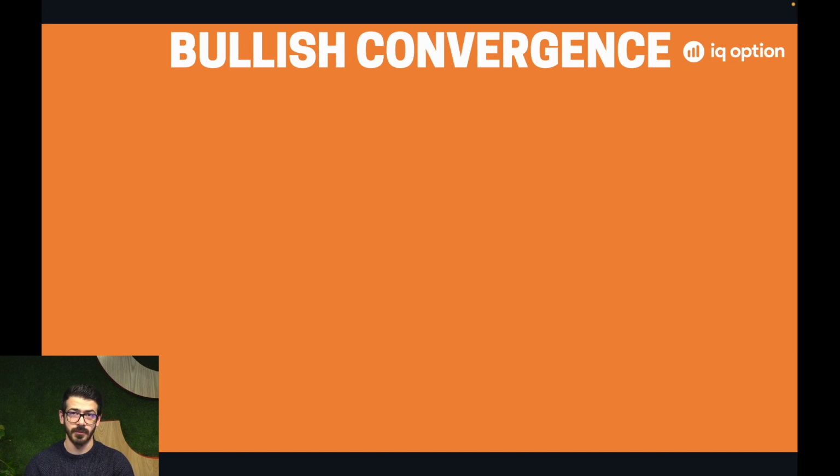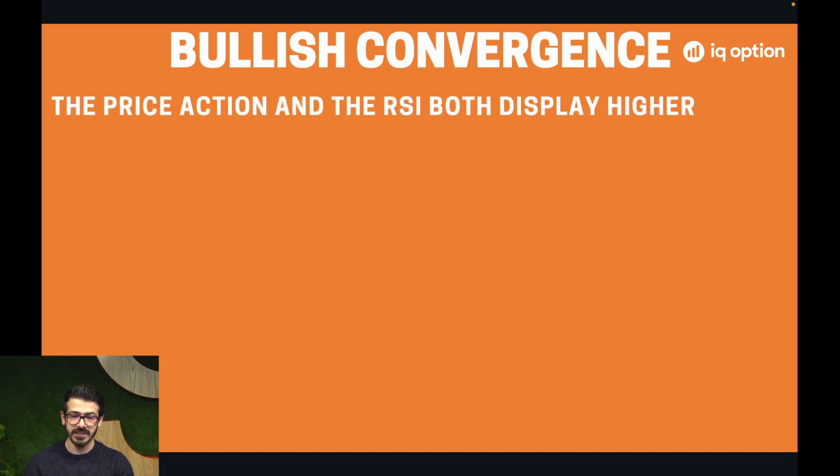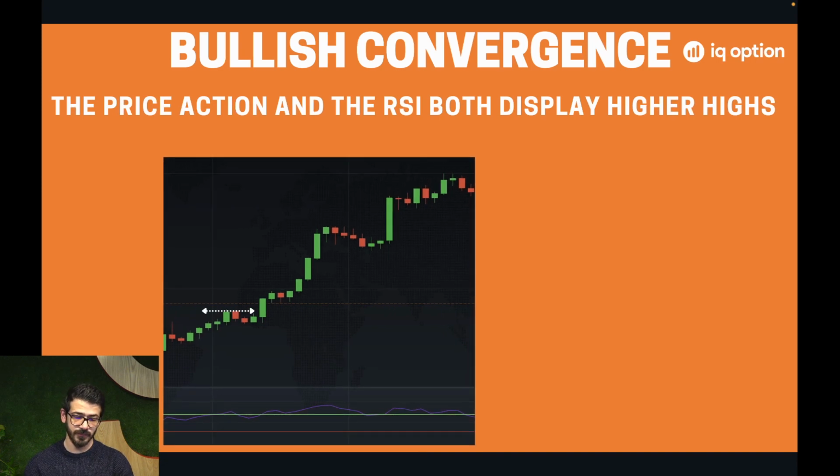First of all, we've got the bullish convergence. The price action and the RSI both display higher highs. Here we've got the first high, and the second high. You see the high on the price action is becoming higher. On the RSI, we can look at the same thing. We've got the first high point here. It already crossed above the overbought 70 line. And then we can see the second high here.